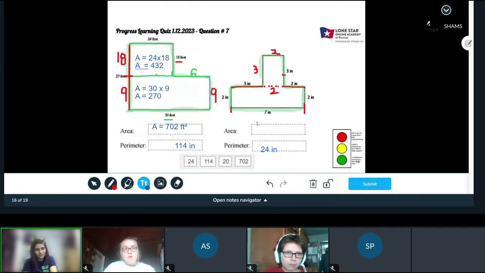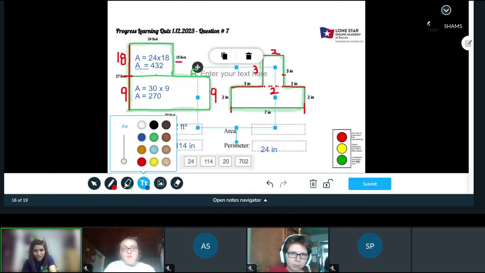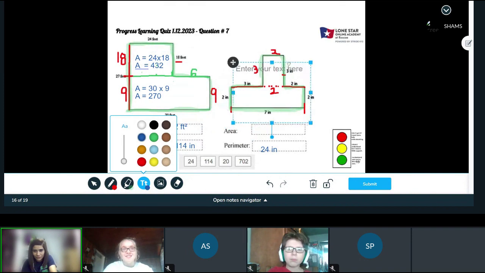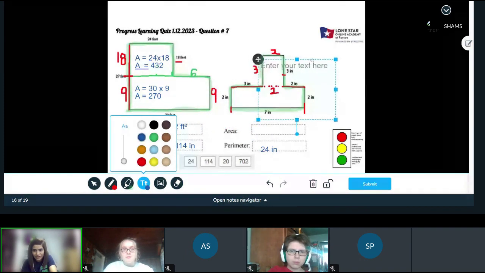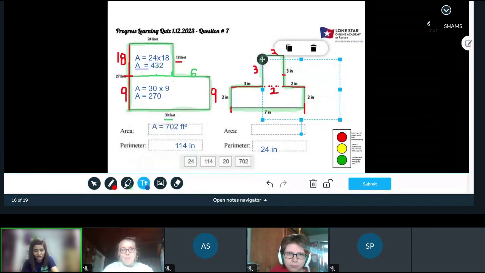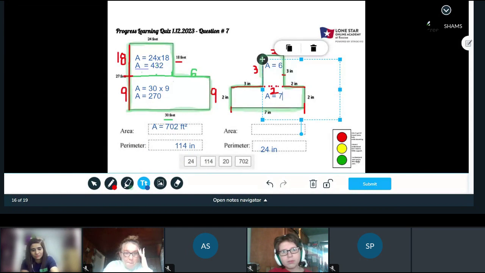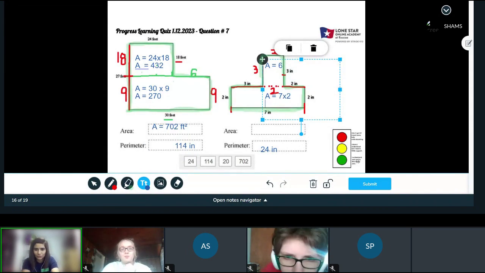Okay, then the second one, we will do a similar strategy, find the areas of those rectangular parts. So the top one is 2 by 3. I would say 2 by 3 means area of 6, right? And then the bottom one, A equals 7 by 2. Area is 14.